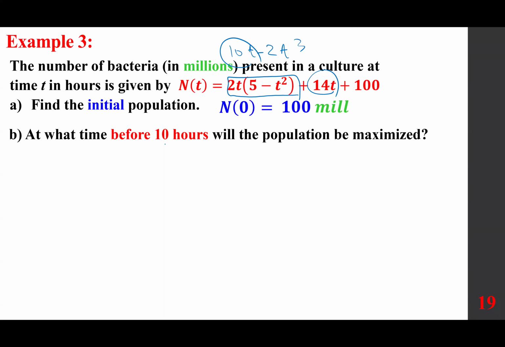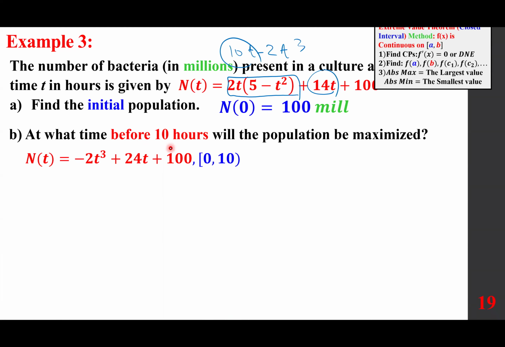And before 10 means normally from negative infinity to 10, 10 is not included, but because we're talking about time, it's from 0 to 10. Is 0 included? Yes. Is 10 included? No. Why not? Before 10.